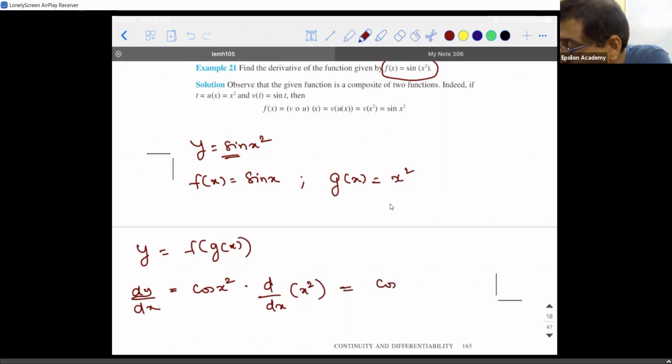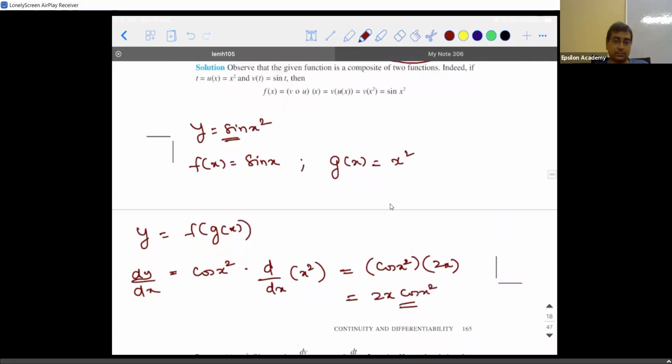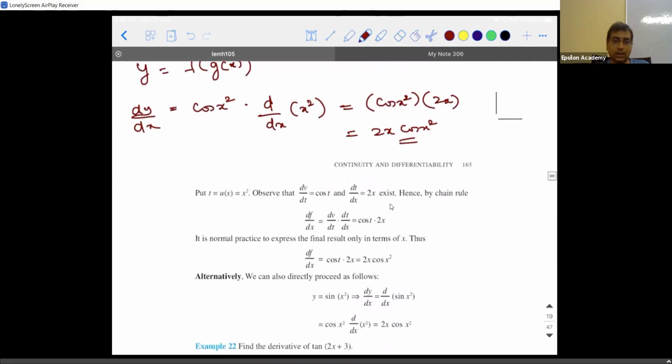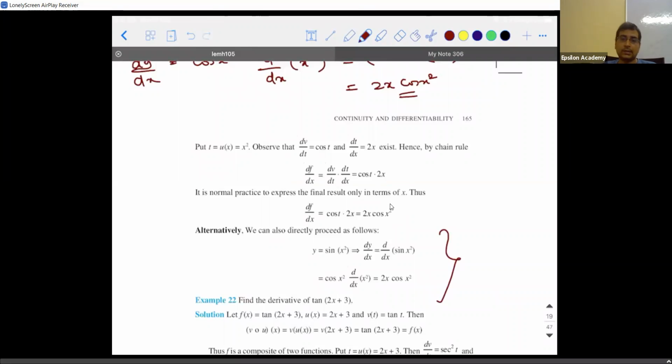So what is going to be the answer? Cos of x square into the derivative of x square, which is 2x. So 2x into cos x square is going to give you the answer. That's it. That's the required answer. Okay, this is the method that I am following.